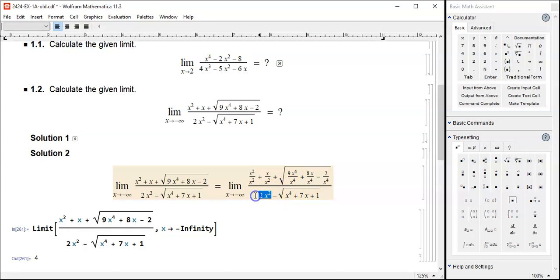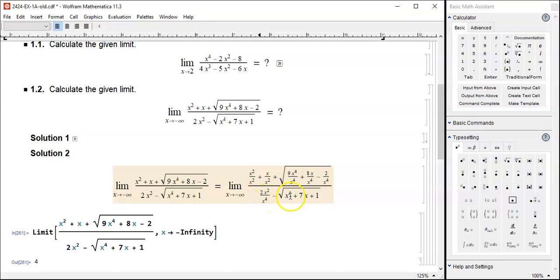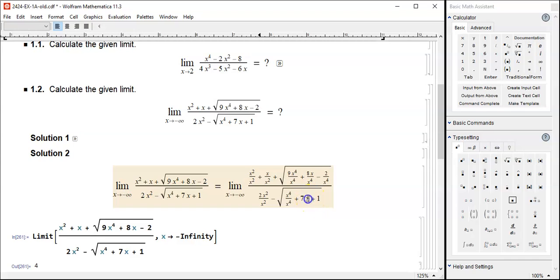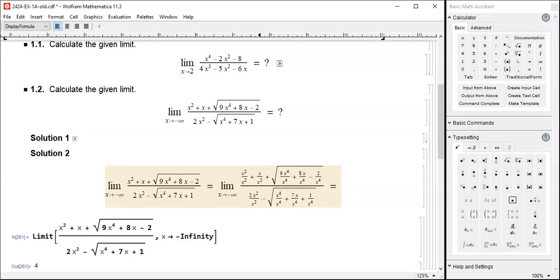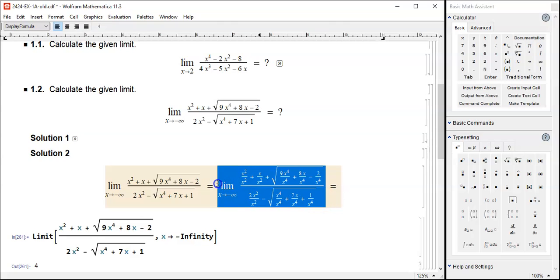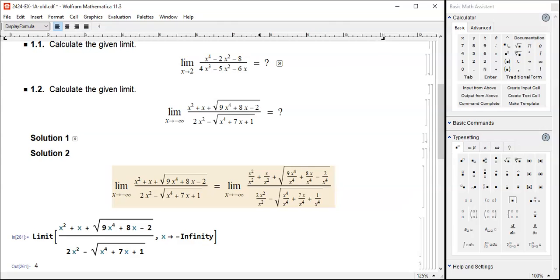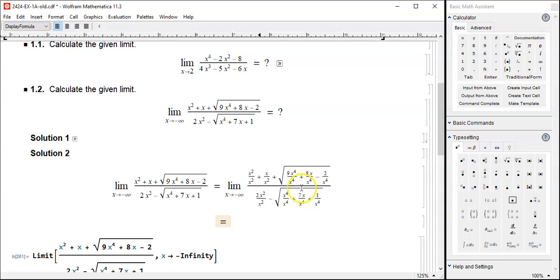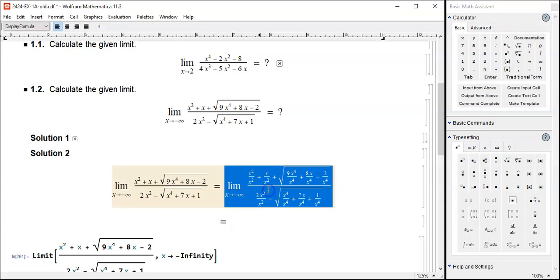And then again divide by the highest order term, x to the second power, outside the square root, so second power outside, fourth power inside. Okay, all right. And then the next step. Let's do just a little bit of simplification.